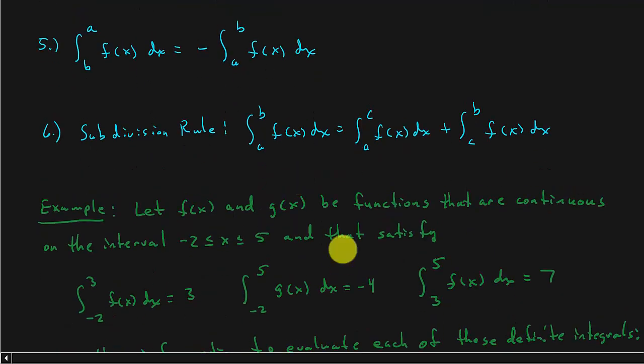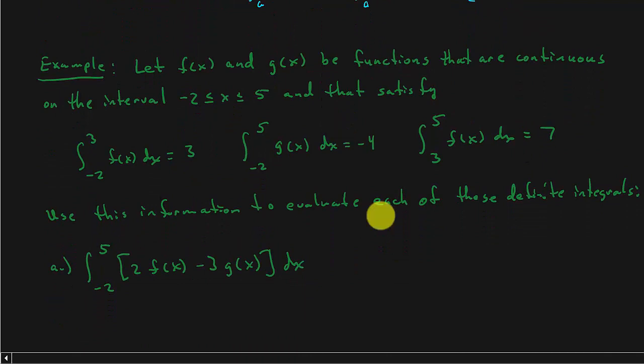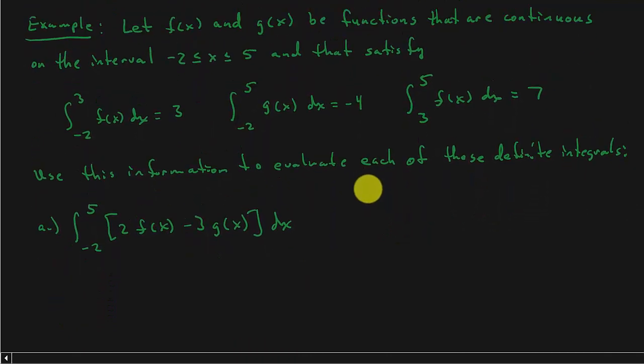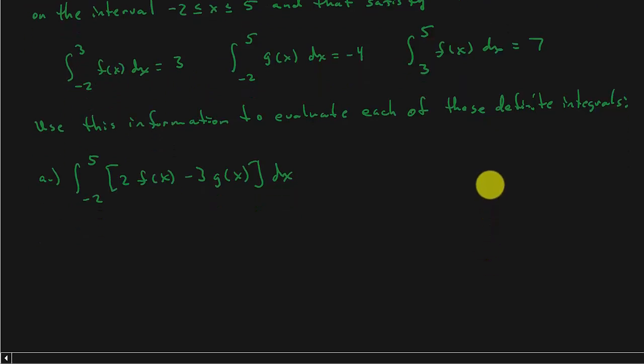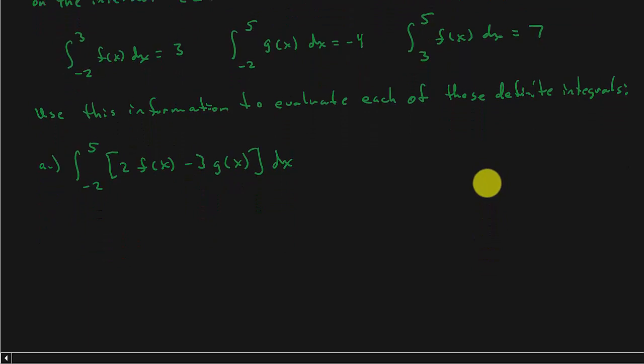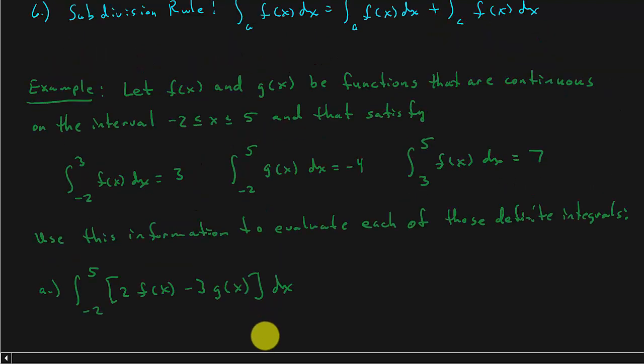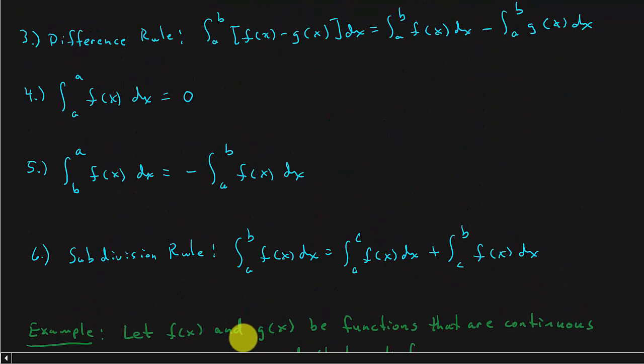All right. Now, let's look at this example. It says, let f of x and g of x be functions that are continuous on the interval -2 to 5, and that satisfy this. Use this information to evaluate each of these definite integrals. So you can see we're doing the integral from -2 to 5 of 2 f of x minus 3 g of x. And we're going to use these properties up here to evaluate this.